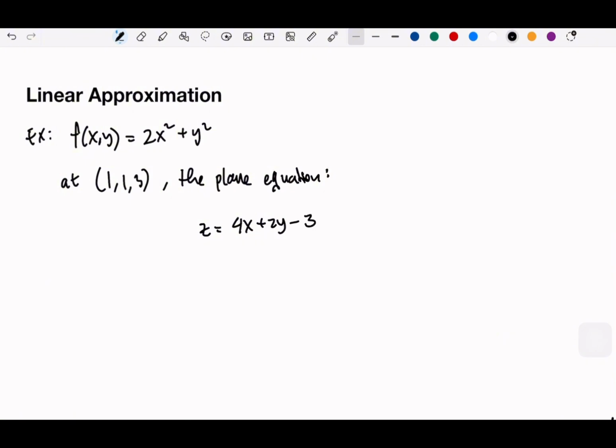So, with the visual evidence from zooming in on the point, we can write this as a linearization of two variables x, y.